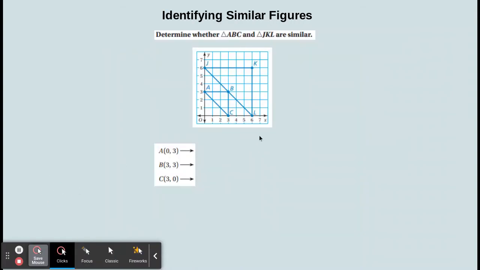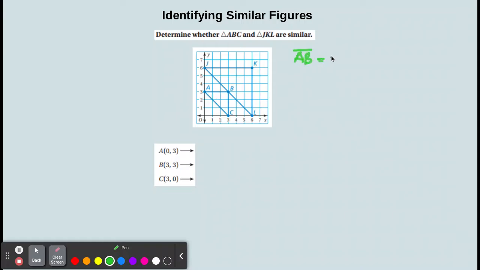Okay, let's see how we can determine whether triangle ABC and triangle JKL are similar. So first, I would look at side length AB and notice that side length AB is 3 units long. And then side length JK is 6 units long.